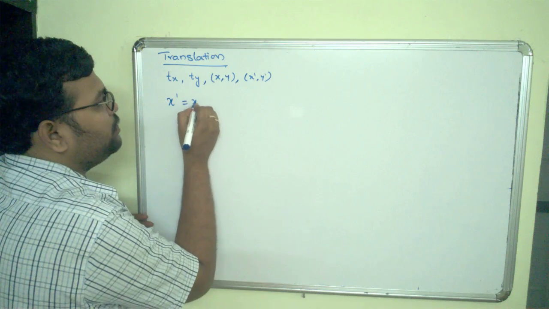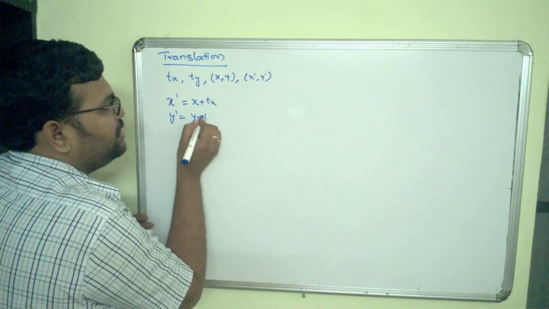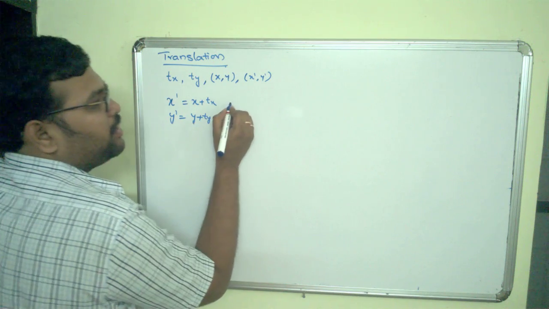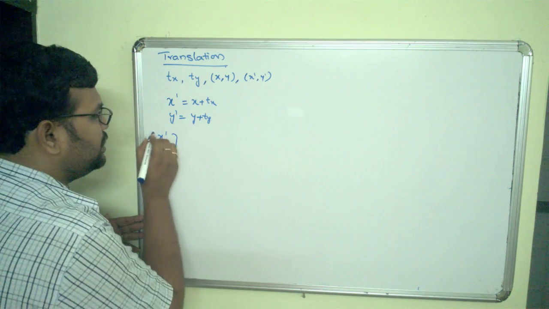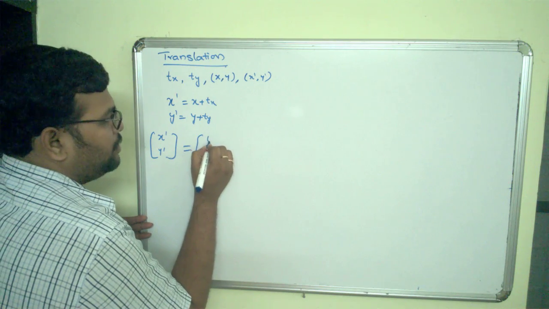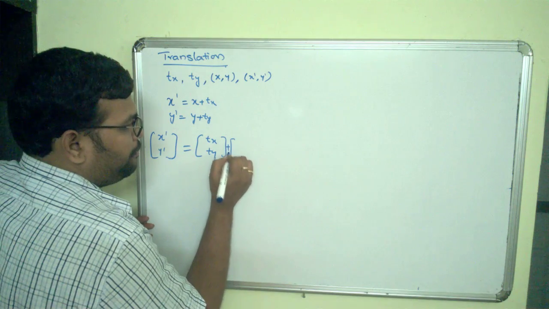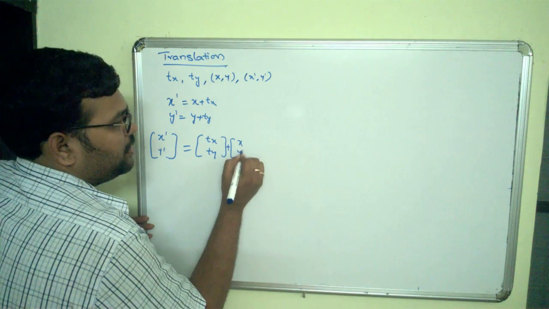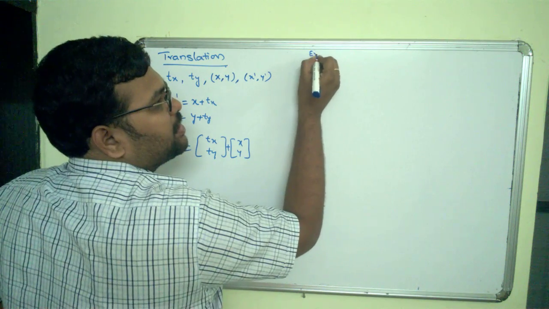So x dash is equal to x plus tx, y dash is equal to y plus ty. This we have written in matrix representation: x dash, y dash is equal to tx, ty plus x, y. This we have done.